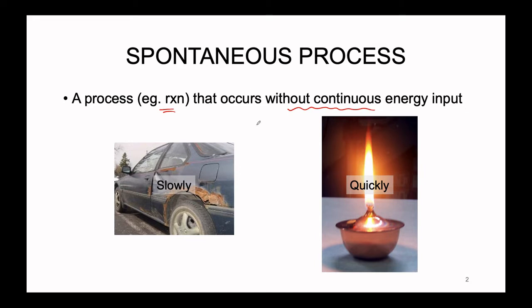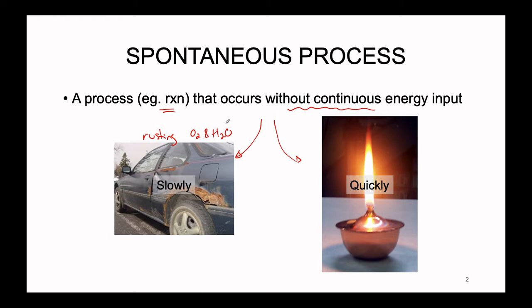Now, spontaneous reactions can be slow or they can be quick. So for example, a slow spontaneous process is that of rusting. So long as there is available iron as well as available oxygen and water, the process of rusting, which is a corrosive process, will continue on its own.